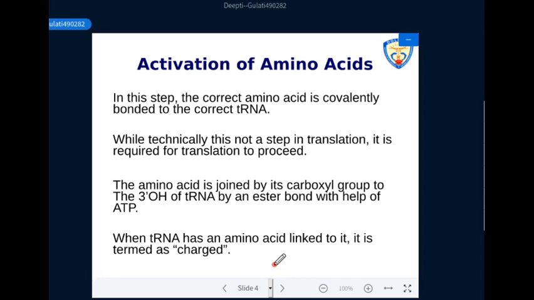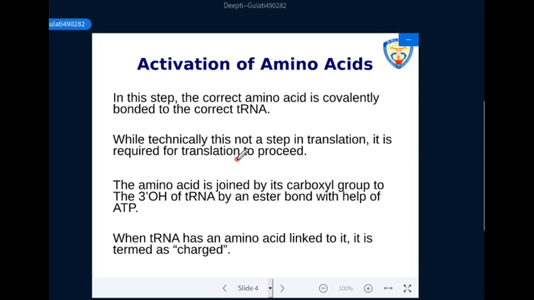Before I move on to the initiation step, there is a step known as activation of amino acids. This step is technically not a part of translation, but it is required for translation to proceed. In a cell, amino acids are present in an inactive form.